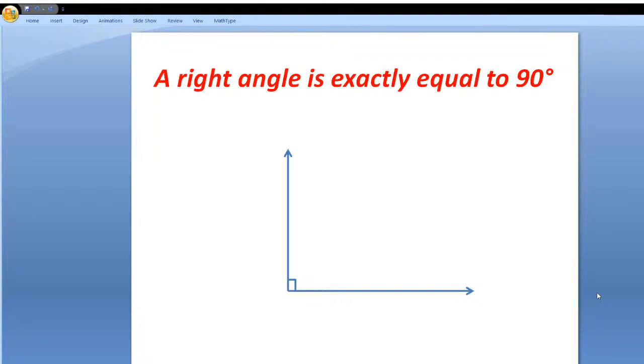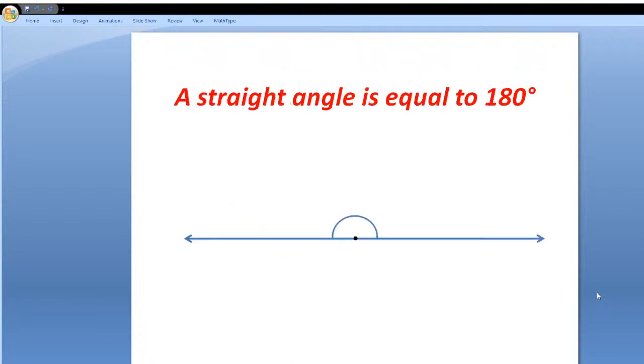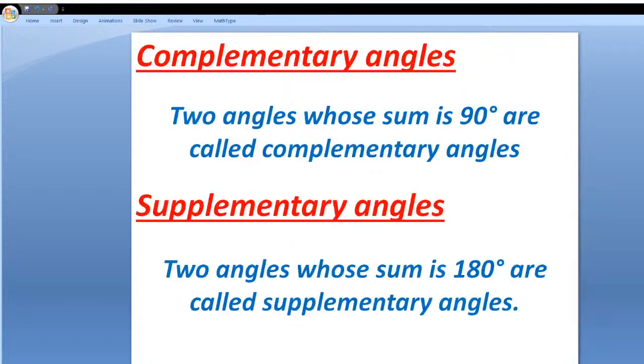You have already studied this in your earlier classes. Greater than 90 but less than 180 is called an obtuse angle. Then 180 degrees is called a straight angle. Then an angle which is greater than 180 but less than 360 is a reflex angle. Here you can see a 230 degree angle.